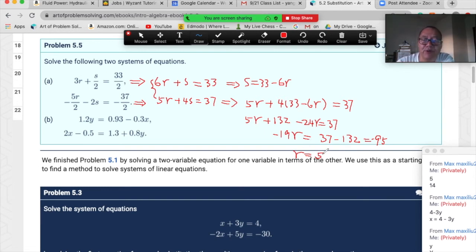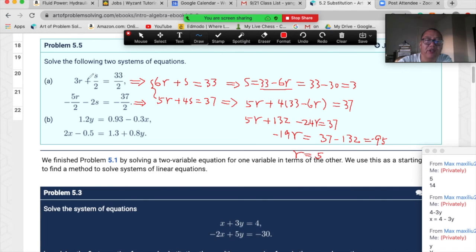Now let's plug this back to here. We can find s. So s equals 33 minus 30. This gives us 3. Now that means we got r equals 5, s equals 3. Now let's plug back to see if this solution satisfies the original equations.